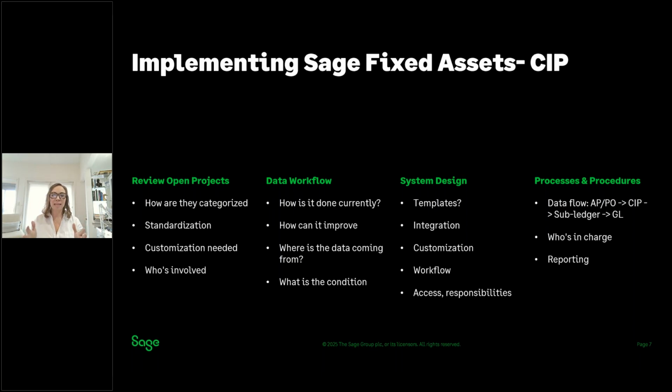So in fixed asset management, if you have CIP, all the invoicing, all the purchase orders, all the approvals, the contracts, the permits, all that stuff should be housed in CIP, whereas the subledger is literally just saying, here are my assets, this is where they're located, this is how I describe them, and here's their depreciation across multiple books, right? That's really what the subledger should be holding, where CIP holds all the other stuff in between.